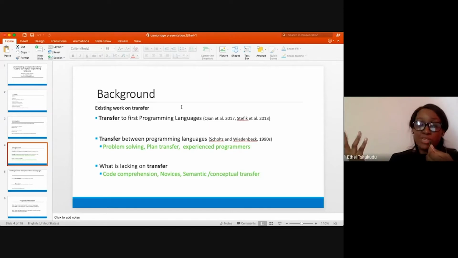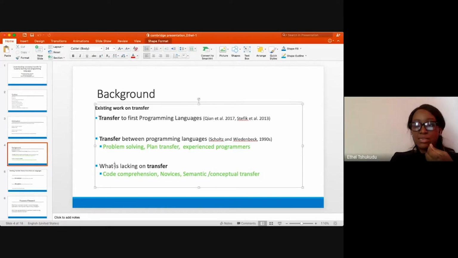Some might call it computational thinking, and then we have the code comprehension part, which is a recent line of thinking. You will find lots of that. Even Schulte has a model that explains how programmers understand code.